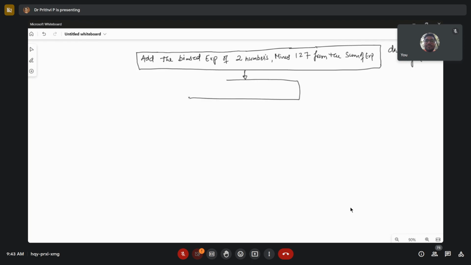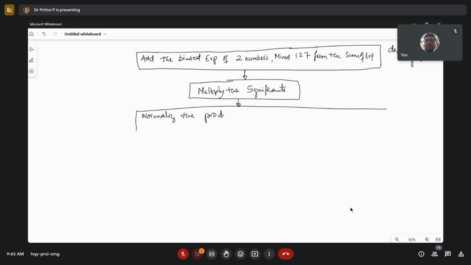Multiply, your second step, the significands. Next one is normalize the product if necessary. Where do you see this necessity is something like underflow, overflow sort of thing, if it is there.